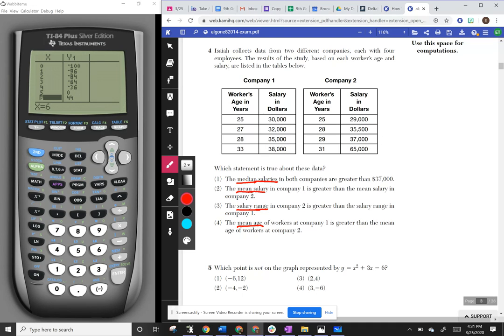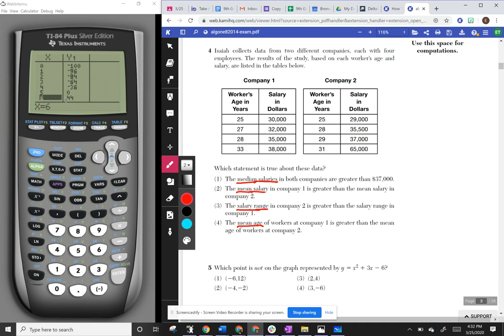Okay, so let's start with the median salaries. The first thing you need to do when you find the median is list our data from least to greatest. We want it to be increasing. And what's really convenient here is that that's already the case. So in company 1, we have the smallest up here. We go 30, 32, 35, 38.